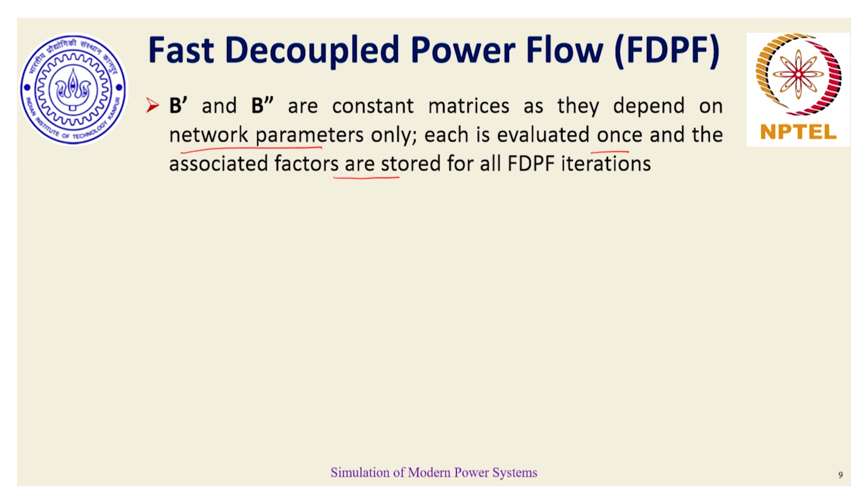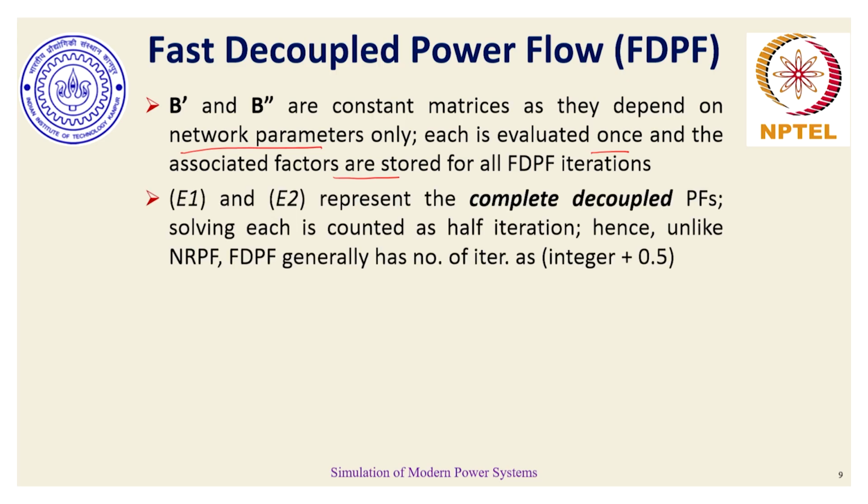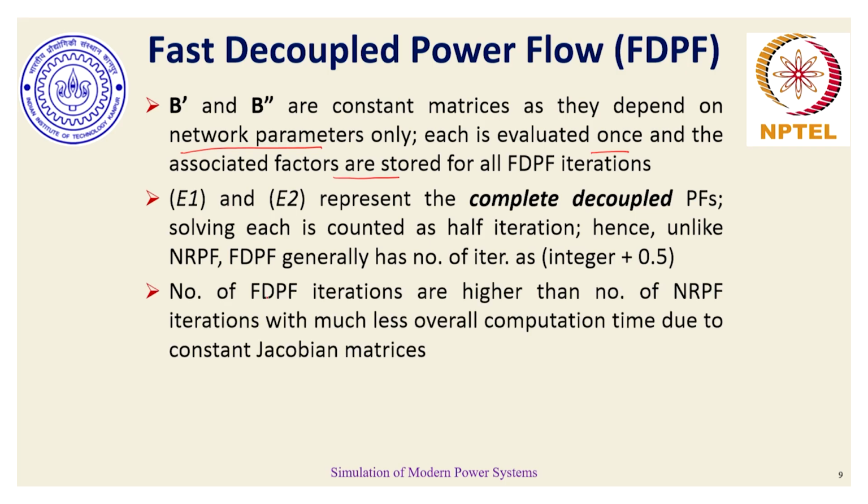To make things even faster, which is where the fifth point of ALSAC and STOT comes in, the number of iterations involved in fast decoupled power flow is relatively higher compared to Newton-Raphson power flow for polar coordinates. But since the constant matrix part is involved, the effort or time required in fast decoupled power flow is tremendously improved, and that is where quick power flow solutions can be obtained.